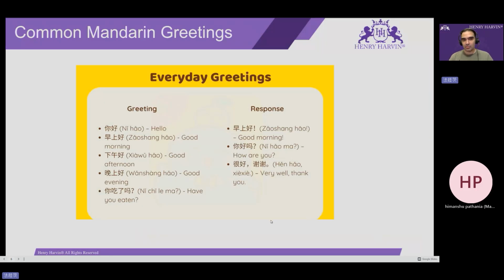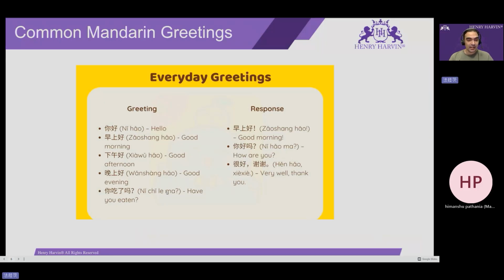So these are some of the everyday greetings that we mentioned, and I'll repeat the pronunciation again for you guys so that you can understand it better. First of all, I start with 你好, which is for hello, and 早上好, which is for good morning, and 下午好, which is for good afternoon, and 晚上好, which is for good evening.